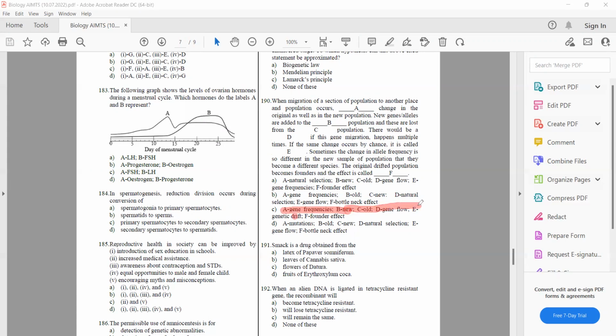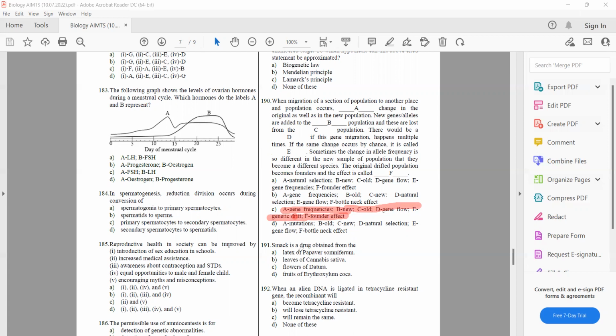So this would lead to gene flow, right? When it happens by chance, we call it genetic drift. And when few organisms drift from their original population and become founders, we call it founder effect. 191.